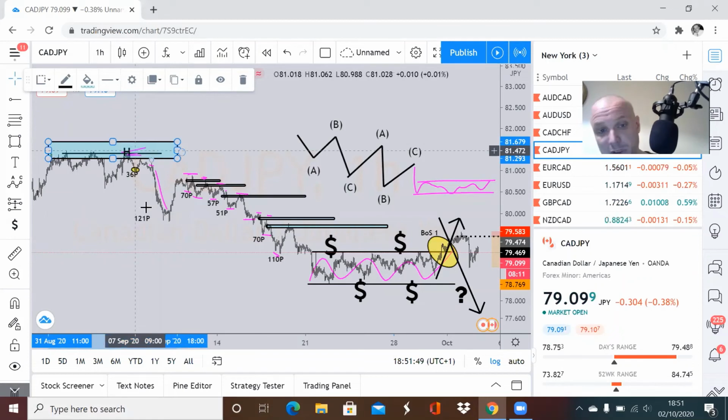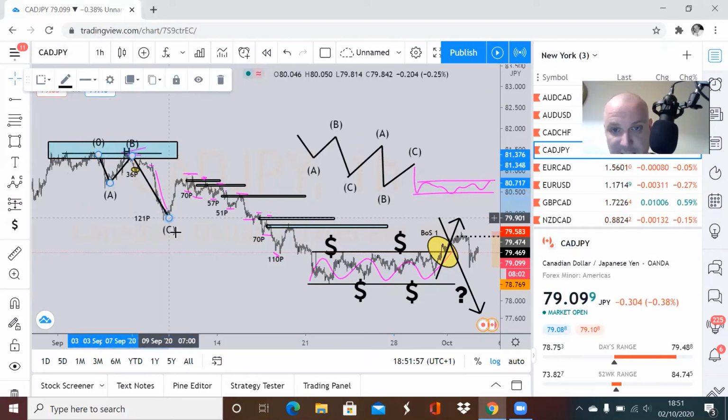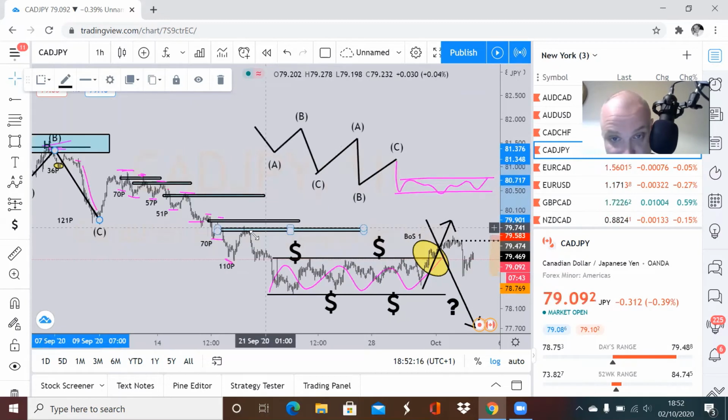If you get that impulse move, you see this here, you've got an A, B, C. You've got the big push. So 1, 2, 3 touches. Normally the third or the fourth touch on an equal high, you're going to get a break. It's either going to be a break to the downside, or it's going to be a break and a push to the upside. A 3-drive push, as we call it. Okay, guys? I hope you get loads of value from this tonight.